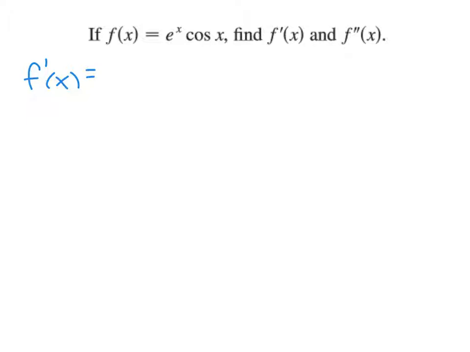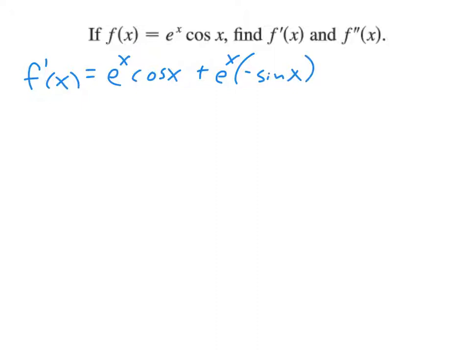So when I go to use product rule to find the first derivative, that means I do the derivative of e to the x, which is just e to the x, times the cosine of x, left alone, untouched, plus, now the e to the x stays untouched, and I find the derivative of cosine, which is negative sine of x.